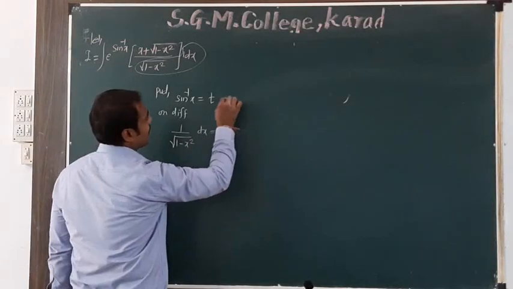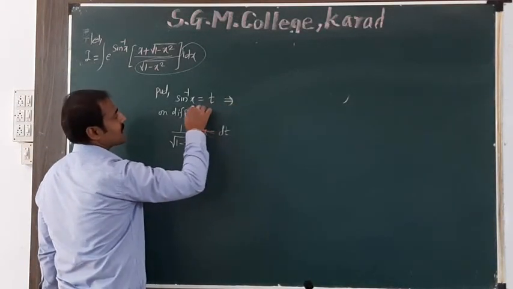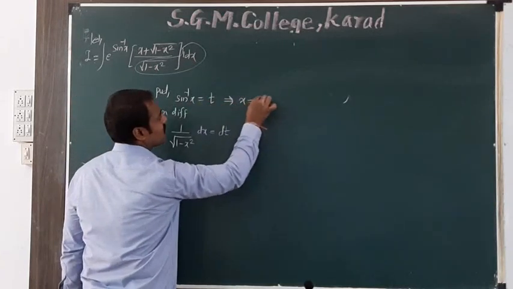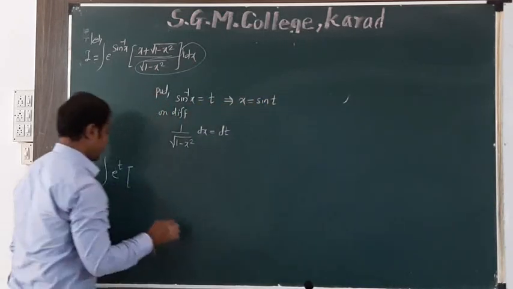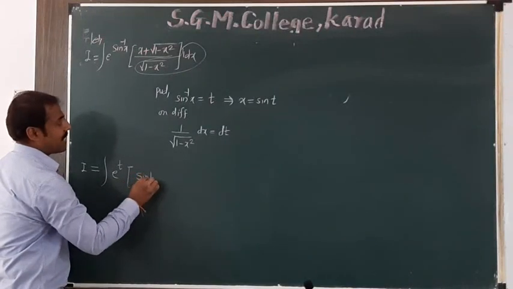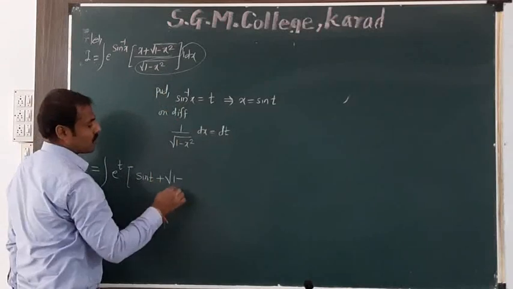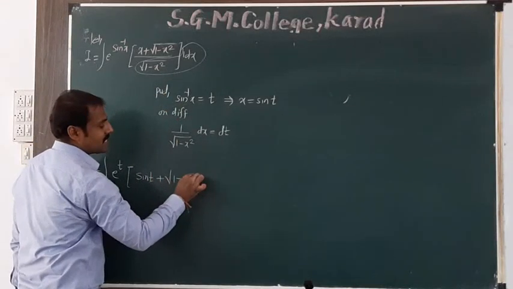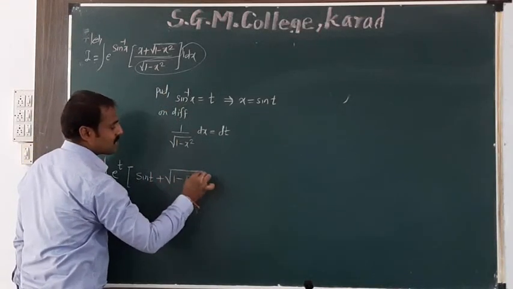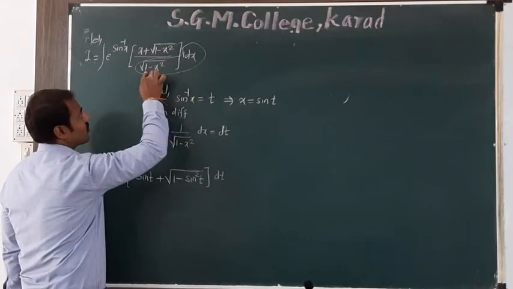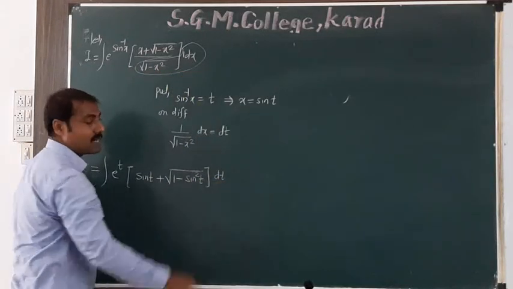From this, I can write x, taking sin on RHS, x is equal to sin t. Means I can write here sin t plus square root of 1 minus x square. What is x square? Sin t square, that is sin square t. And 1 upon root of 1 minus x square dx is nothing but dt.